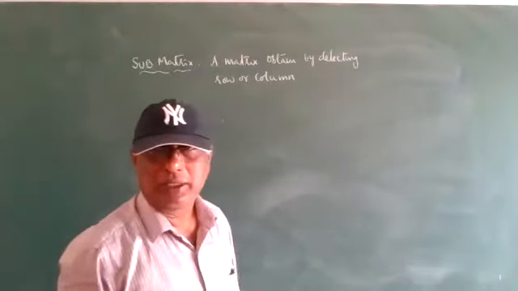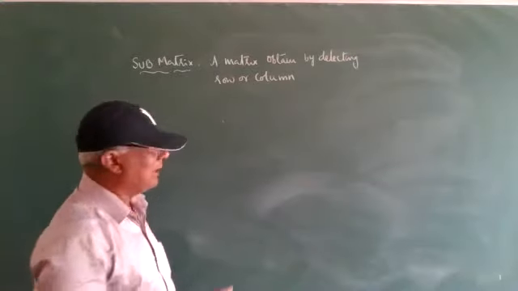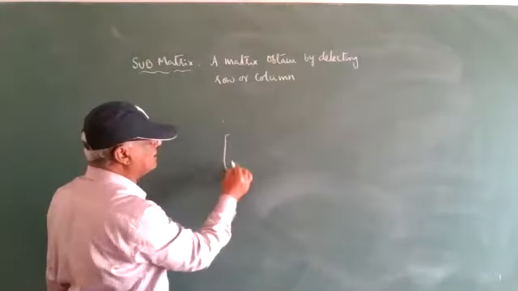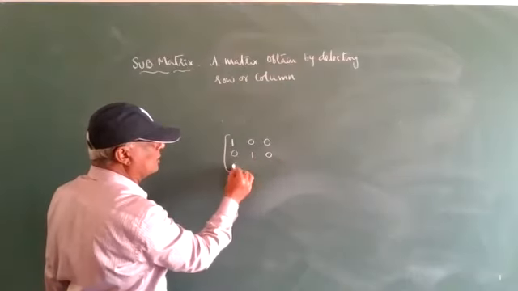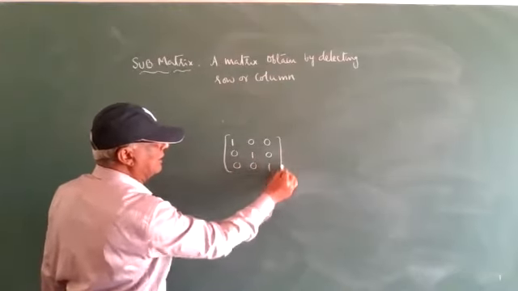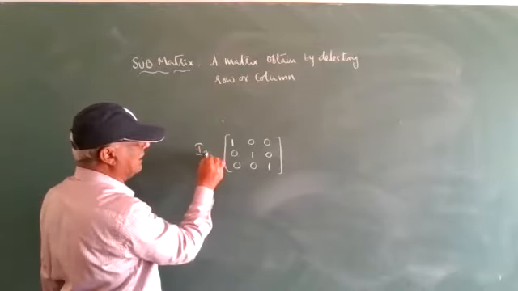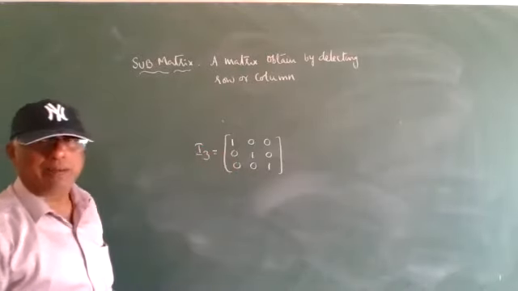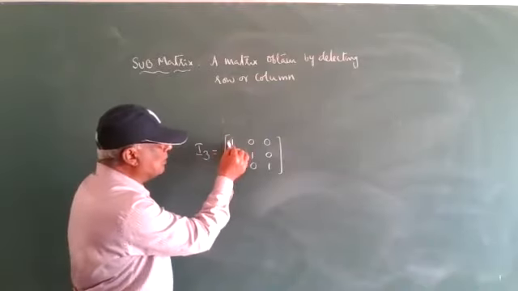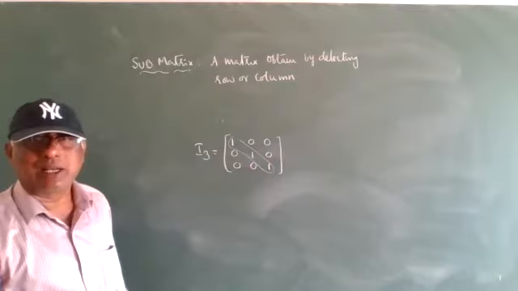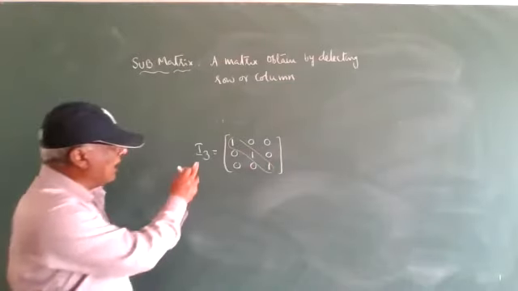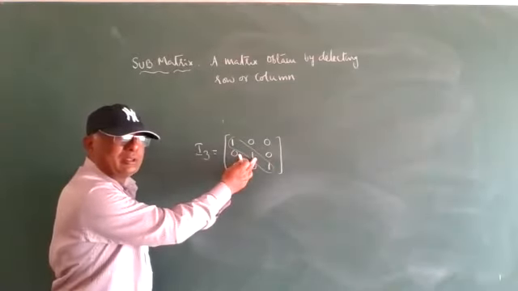The fourth point is the identity matrix. Identity matrix means 1 0 0, 0 1 0, 0 0 1. This is I3, a 3 by 3 matrix. Its principal diagonal sum is 1 plus 1 plus 1, so the trace is 3. Order is 3, trace also 3.